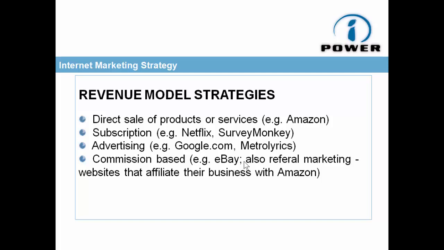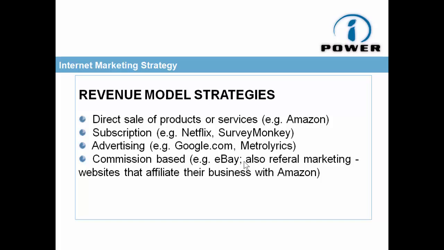Let's say, for example, that you have a website and you put an Amazon banner ad on your website. Some people come to your website, click on the Amazon link, end up on the Amazon website, and supposedly buy an Amazon product from Amazon. Amazon will then reimburse you just because you sent some people from your own website to Amazon. It's like a referral fee or a finder's fee.